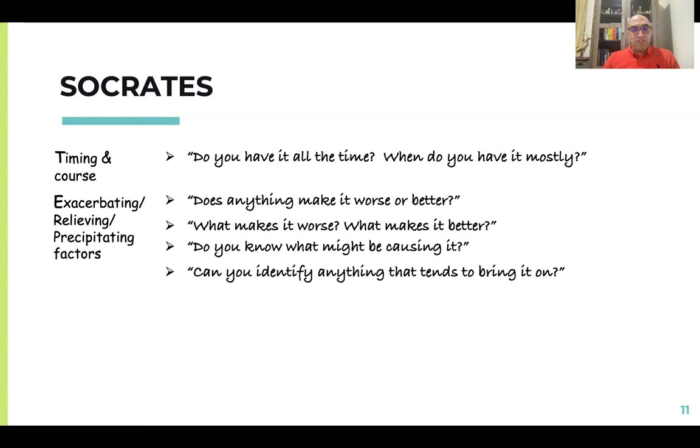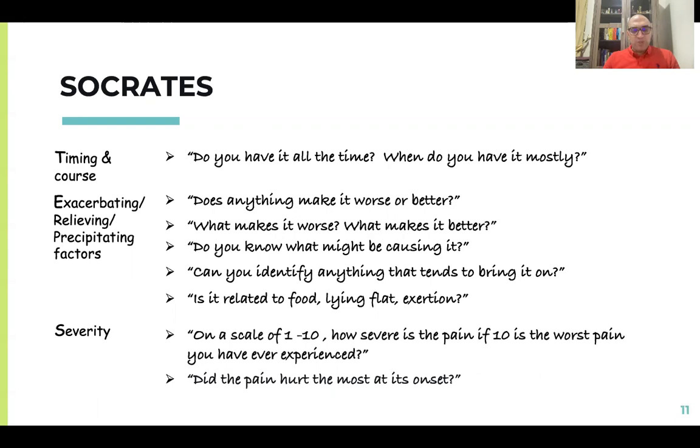Can you identify anything that tends to bring it on? Is it related to food, lying flat, or exertion? And at the end, for severity, on a scale of 1 to 10, how severe is the pain? If 10 is the worst pain you have ever experienced, did the pain hurt the most at its onset?